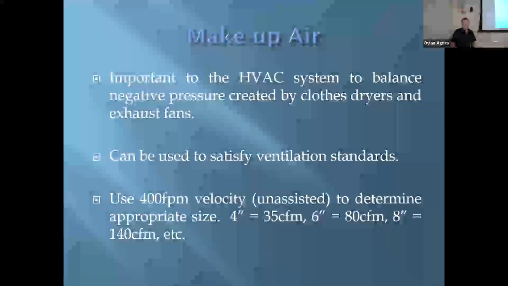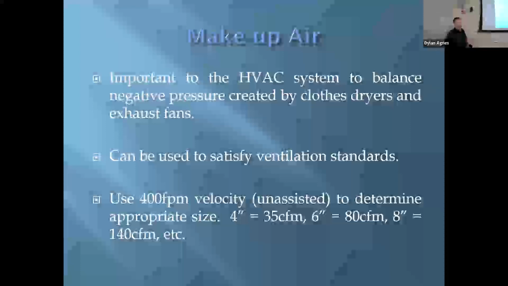So what do we need to do? We need to try to balance that negative pressure. We can use our makeup air to satisfy the ventilation standards, which is the primary reason most people use the fresh air intake: that's how we're meeting our minimum ventilation rate.